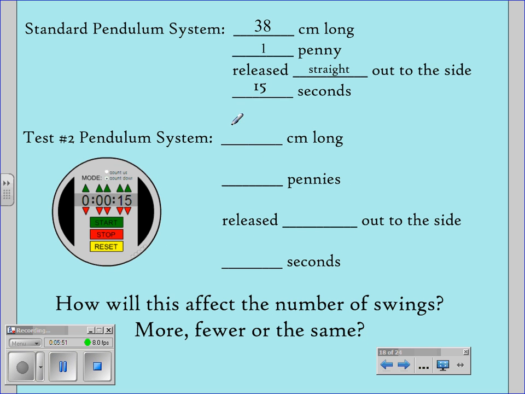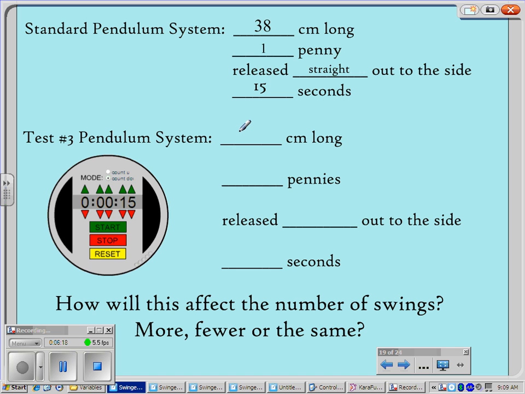Alright, our next test, we change, not the length. We kept it to 1 penny, which was the standard, and we released it lower along the side, and for 15 seconds. And again, we found out it was the same, no difference. Okay, finally for our last test, we did different lengths of string.